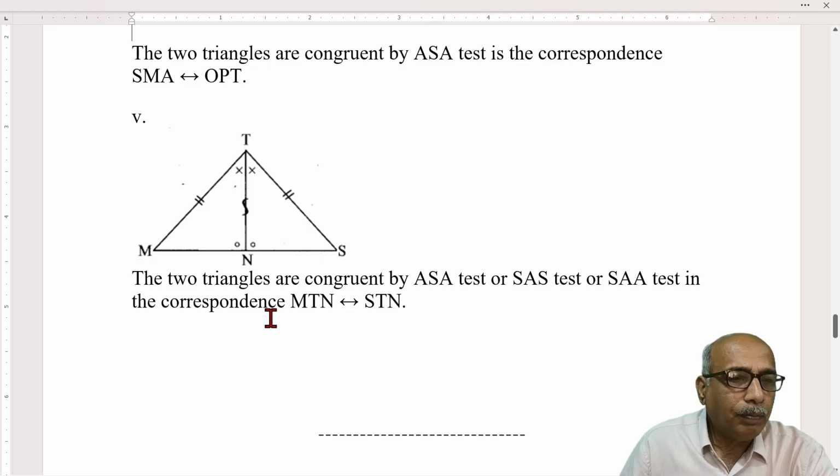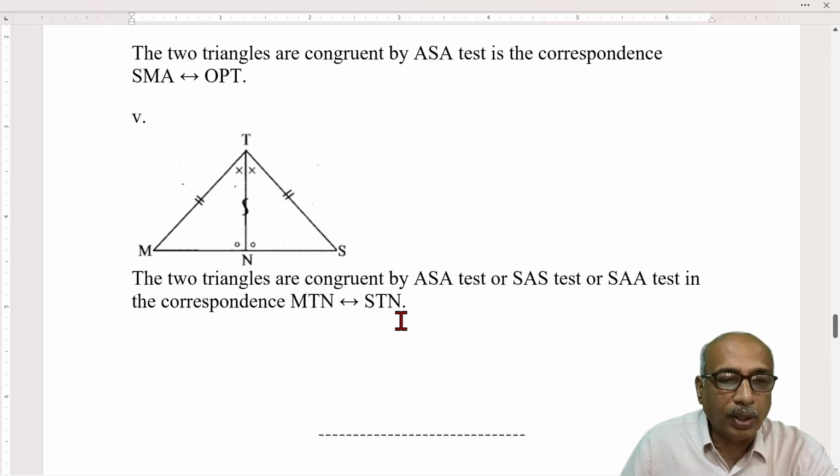Next. Here, in triangle MTN and triangle STN, M to T, T to N, S to T, T to N. So MTN corresponds to STN.